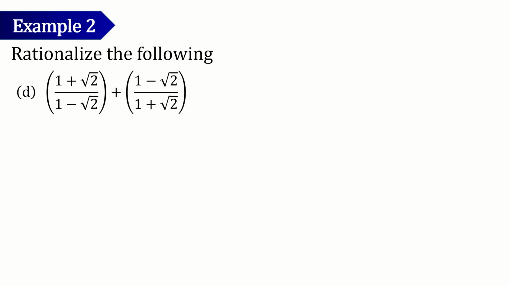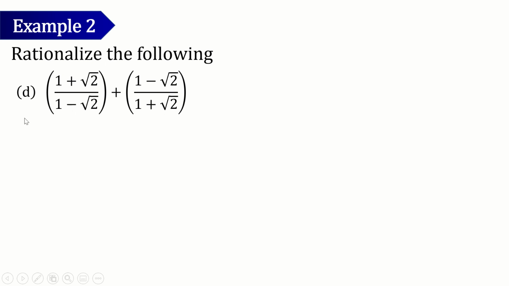Next example: 1 plus √2 over 1 minus √2, plus 1 minus √2 over 1 plus √2. For this question, there are two ways to do it. We can rationalize each of these fractions first and then combine, or we can directly combine these two fractions into one fraction first and then rationalize later.